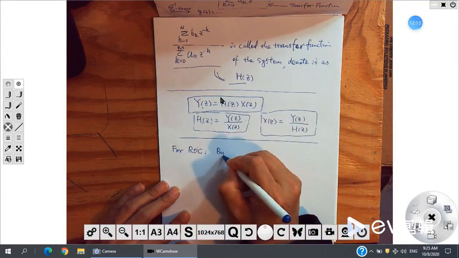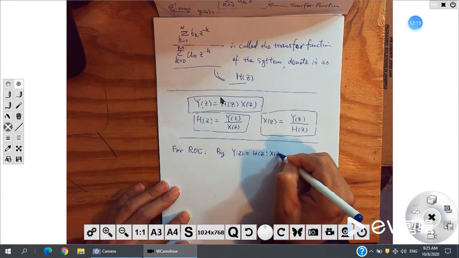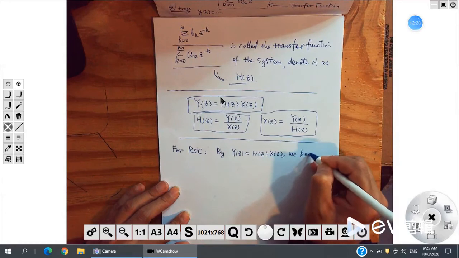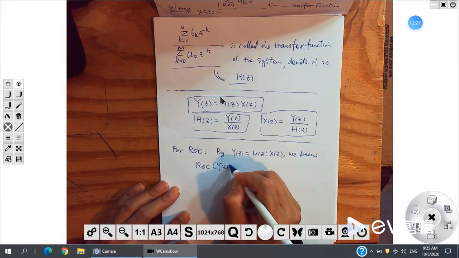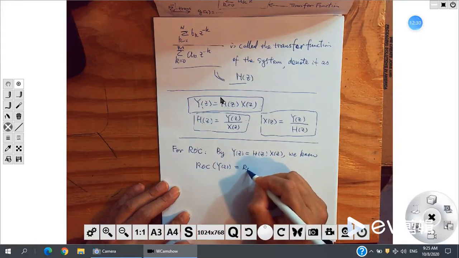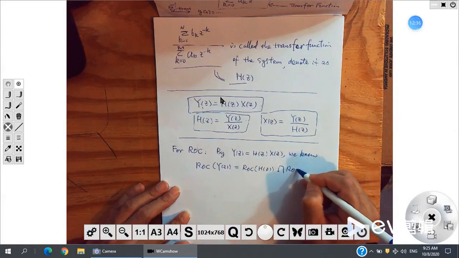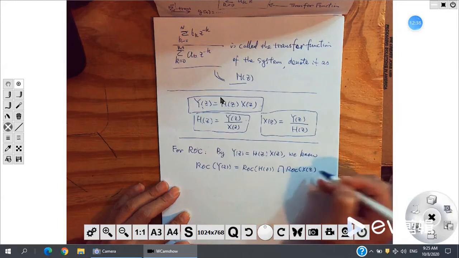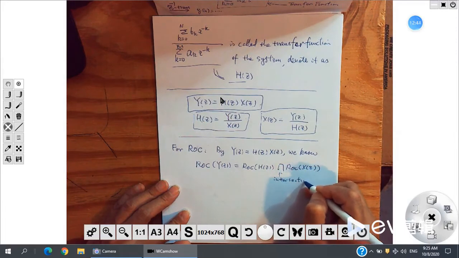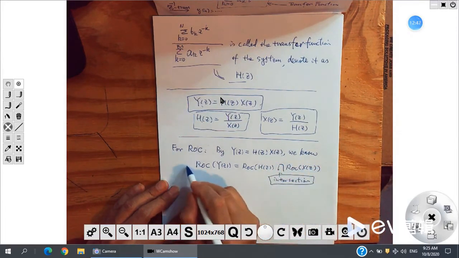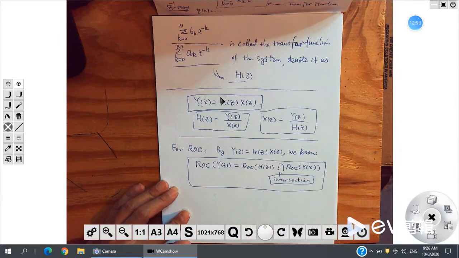By Y of z equal to H of z times X of z, we know the ROC of Y equals the ROC of H intersected with the ROC of X. That's the intersection. We use this.